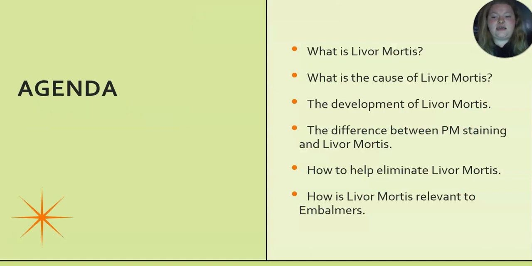On our agenda, we have what is livor mortis, what is the cause of livor mortis, the development stages of livor mortis, the difference between PM staining and livor mortis, and PM stands for post-mortem staining. Those are confused with each other quite a bit. How to help eliminate livor mortis, and how livor mortis is relevant to us as embalmers.